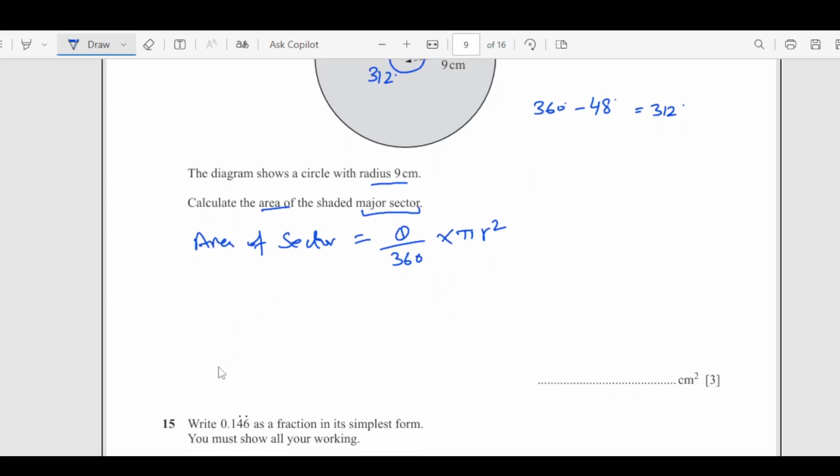So we have the value of r. Now theta is 312 over 360 times pi, and r is 9 centimeters, right? Just plug in all the values and we get here 220.5, and to three significant figures we can write 221, right?